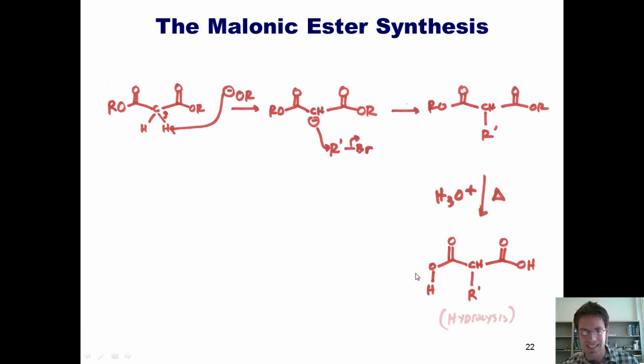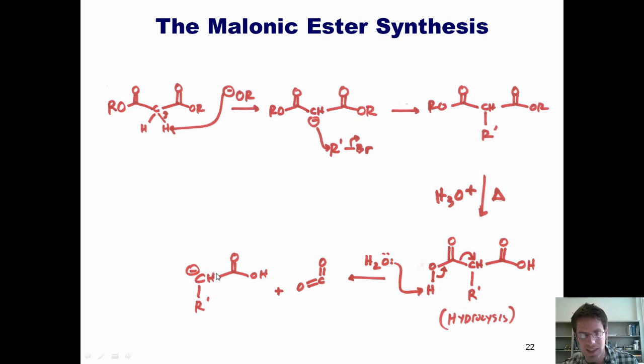At this point, continued heat then allows the water to come in here, thrust these electrons in here, and push them up onto this position. You'll notice that when these electrons get thrust in here, it forms this molecule, which is CO2, carbon dioxide. The negative charge at this alpha carbon then gets protonated in the workup to ultimately give me my final product. This reaction right here is decarboxylation, which we highlighted earlier.